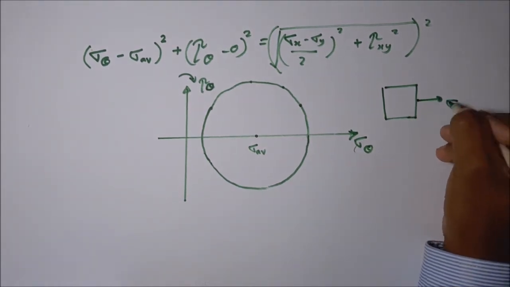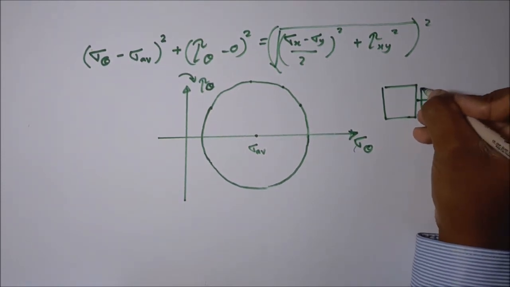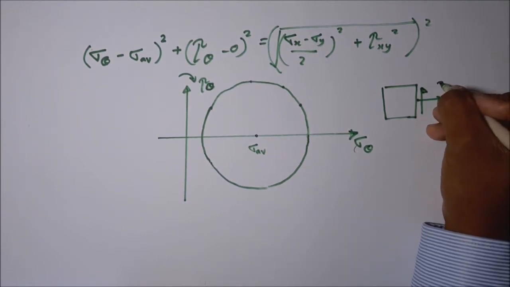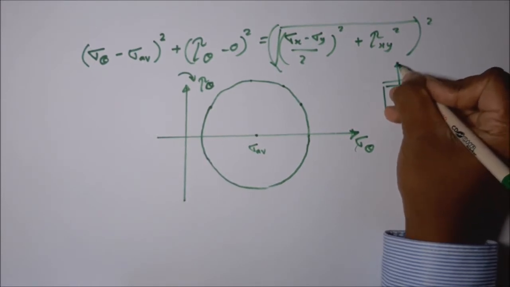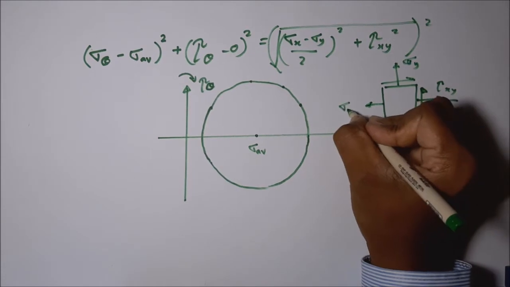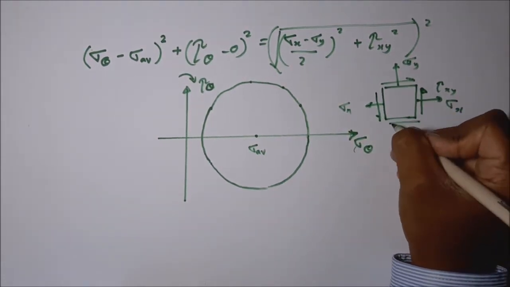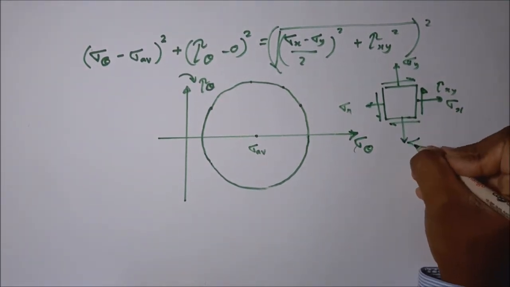Sigma x, tau xy, sigma y, sigma x, tau xy like this, sigma y.